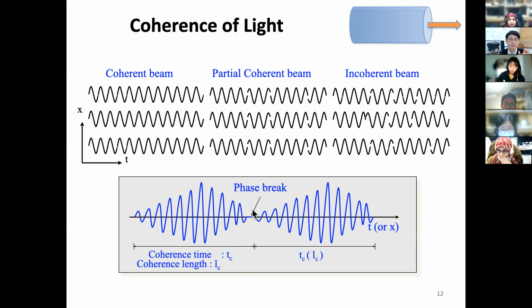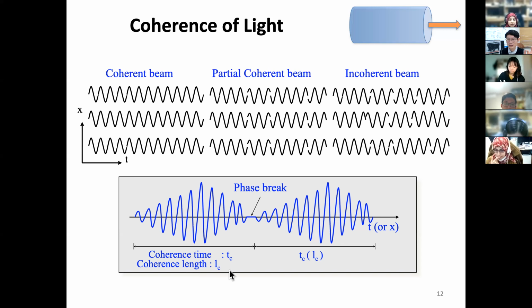You know, light propagates at the speed of light, which is c. So you can multiply tc times c. That defines the distance within which coherence is available. That length scale we call coherence length. So this is the first time I'm telling you the most important concepts: coherence time and coherence length.